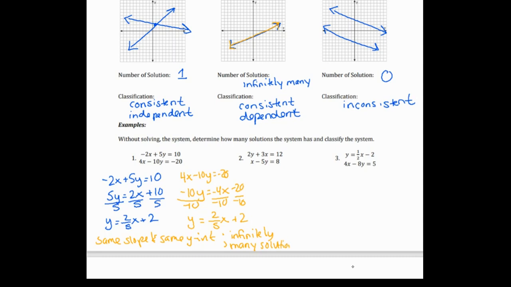So you want to rearrange into slope-intercept form and identify those slopes and y-intercepts. If the slopes are the same but the y-intercepts are different, we would have parallel lines. And if the slopes are completely different, then it doesn't matter what the y-intercepts are because the lines will intersect. You complete number 2 and number 3.